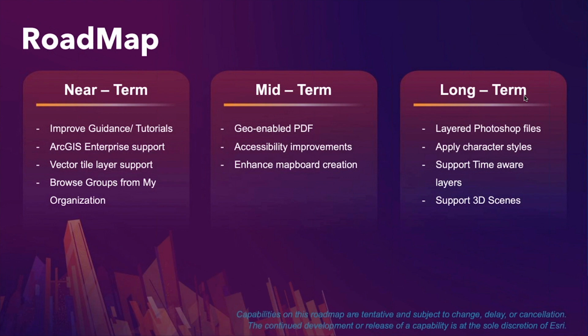Near term means in the next release or two, we plan to address these features. Mid-term is the next 2 to 3 releases. Long term are things that we have thought about, but they're currently not planned in any specific release.